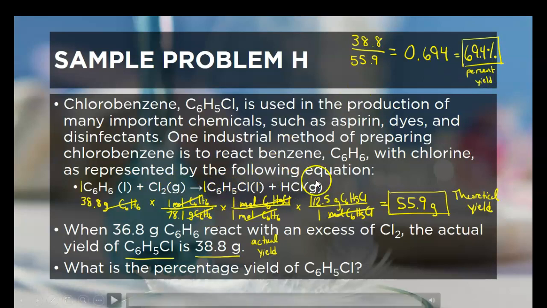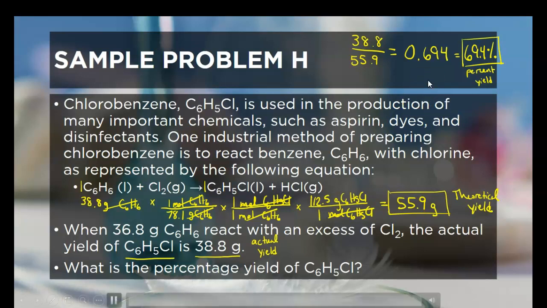We understand the difference: theoretical yield is what you should get, actual yield is what you actually got in the lab, and then percent yield is the actual divided by theoretical. Any questions on that problem?